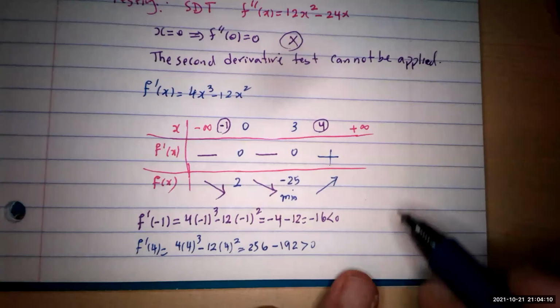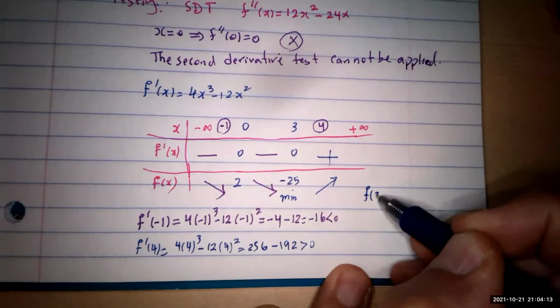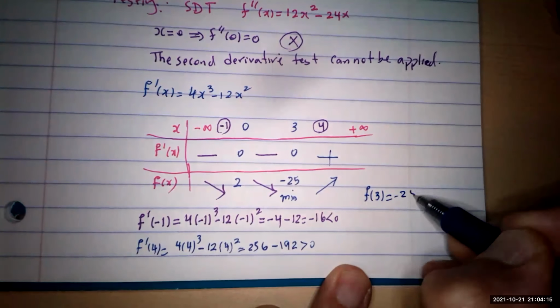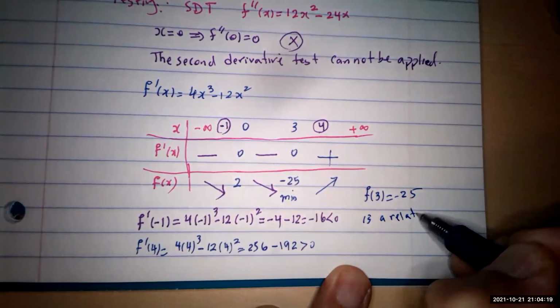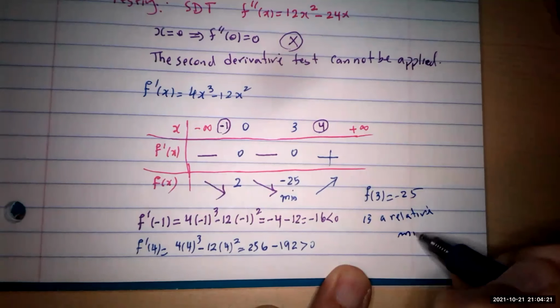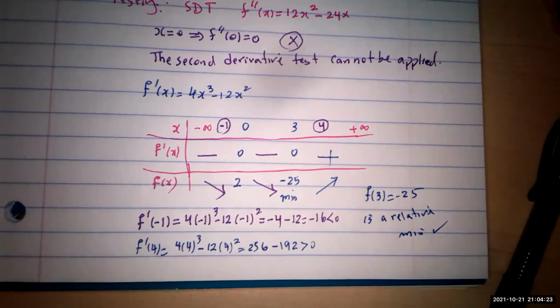So f of 3 equal to negative 25 is a relative minimum. As you can see, these examples are important. For f prime of 4, you just put 256 minus 192.